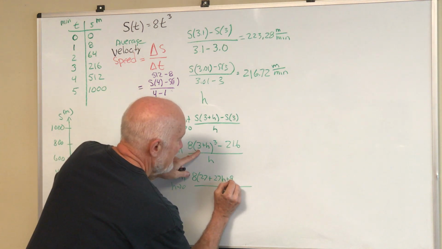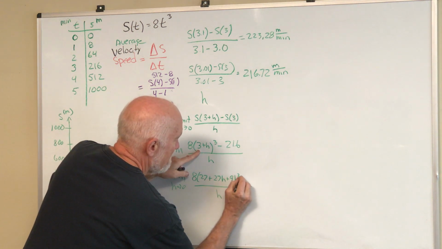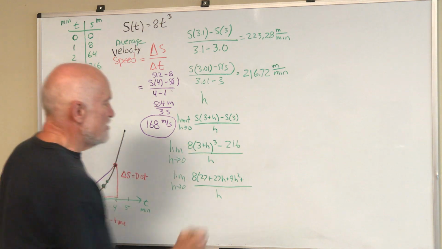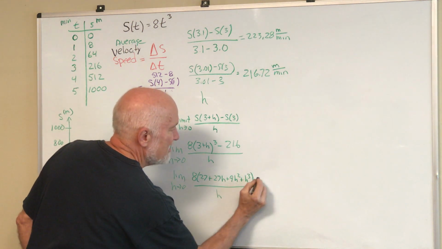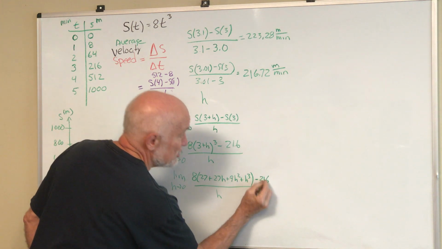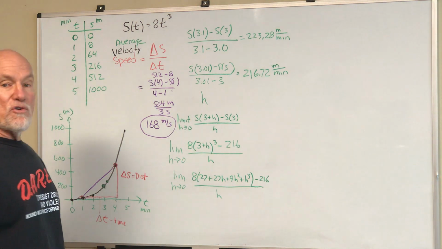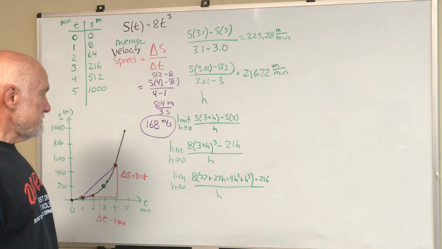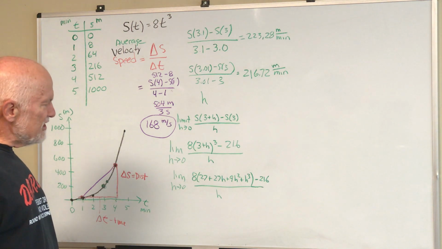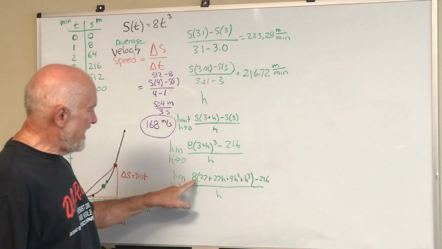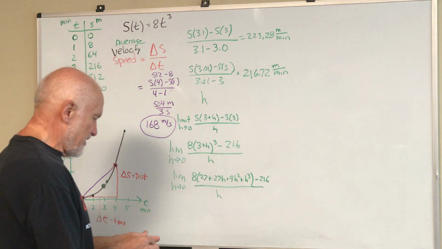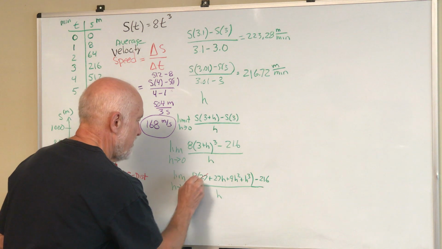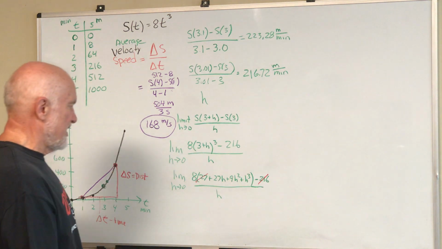So that's 9h squared plus h cubed. And that saved us a little bit of time. I'm glad that she remembered that binomial expansion. It was starting to look pretty complicated. But then we realized that 8 times 27 is 216. So this cancels with this.